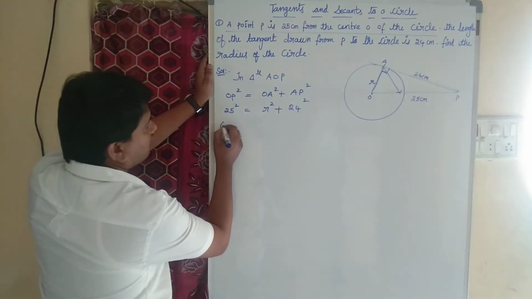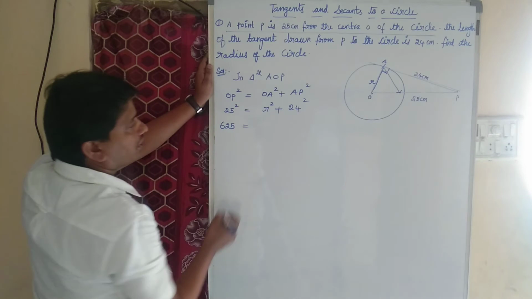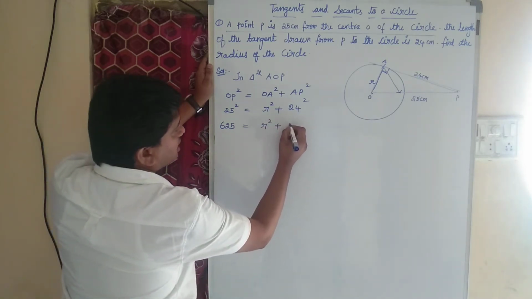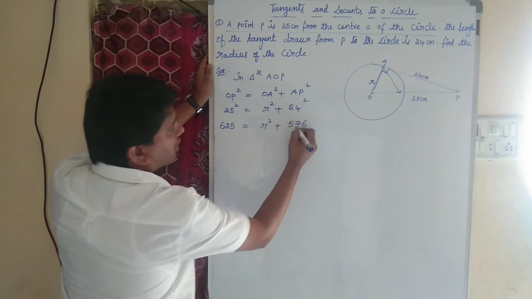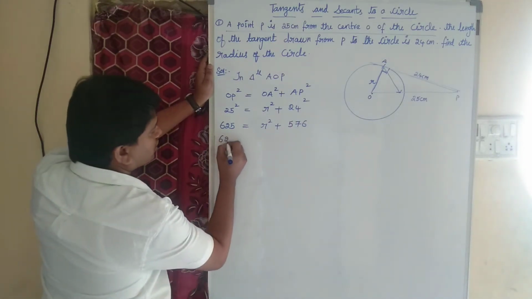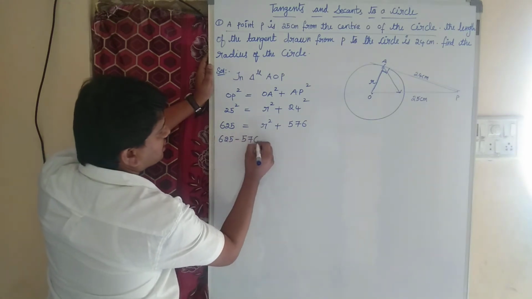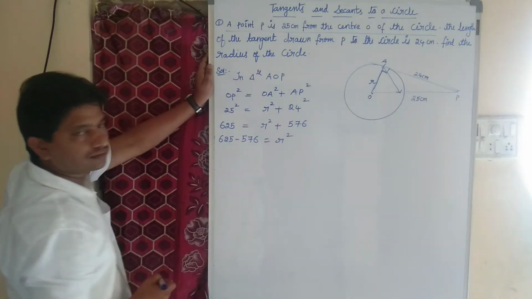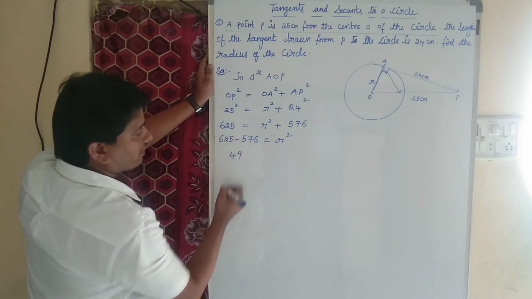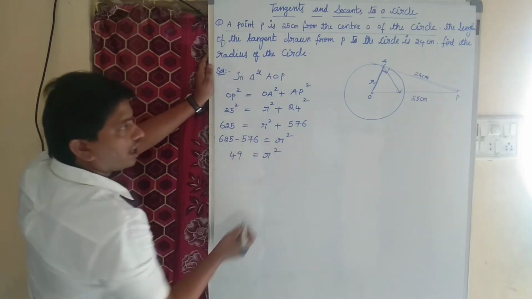So 25 square equal to 25 into 25, 625 equal to R square plus 24 square means 576. 24 into 24. 576 you transpose, 625 minus 576 equal to R square. So 15 minus 6 9, 11 minus 4 7, that is 49 equal to R square.